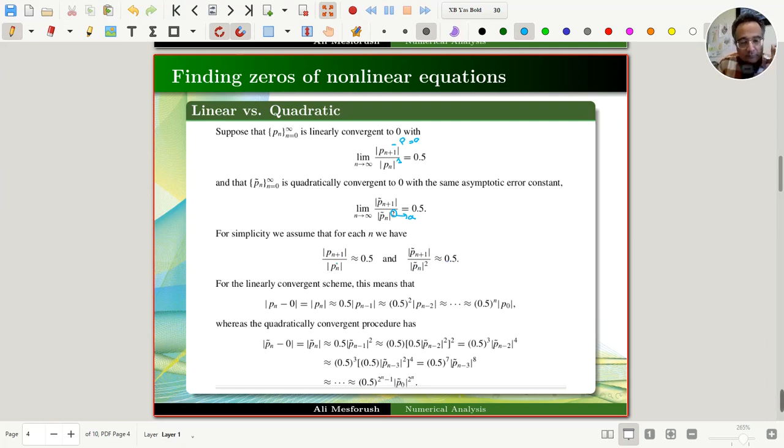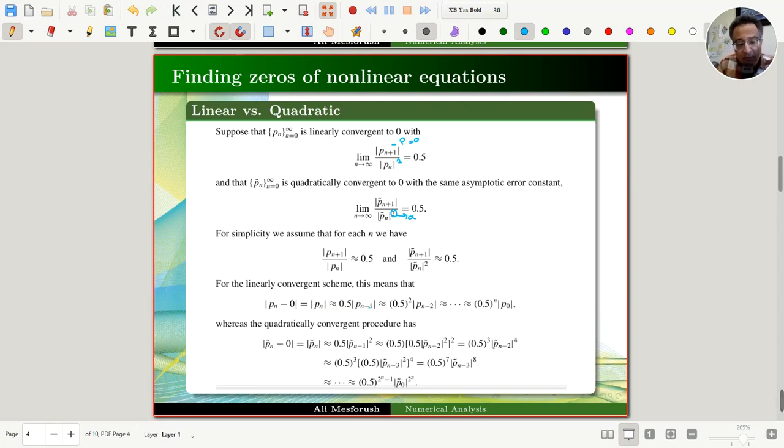From this one, we get, multiplying both sides by the absolute value of Pn, the absolute value of Pn is approximately equal to half the absolute value of Pn-1.